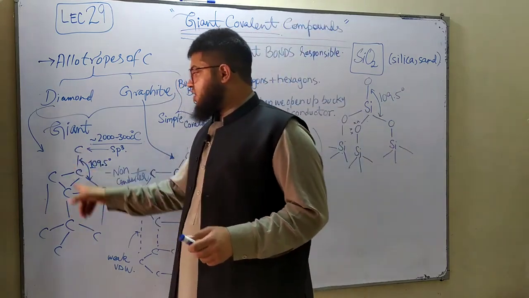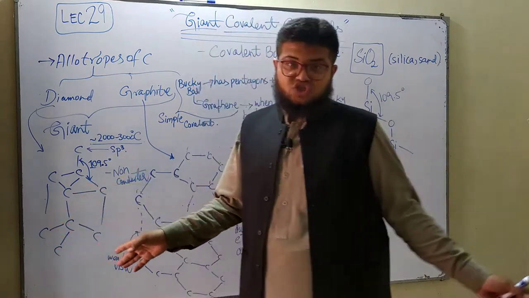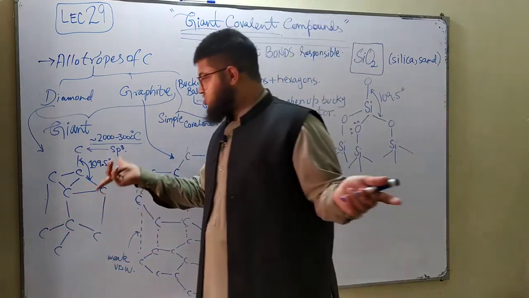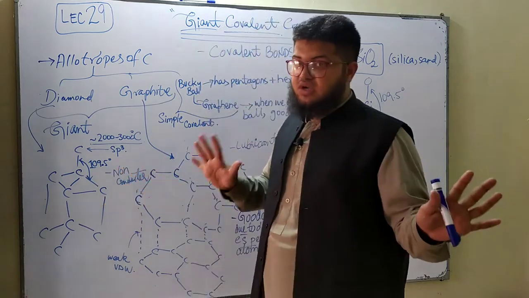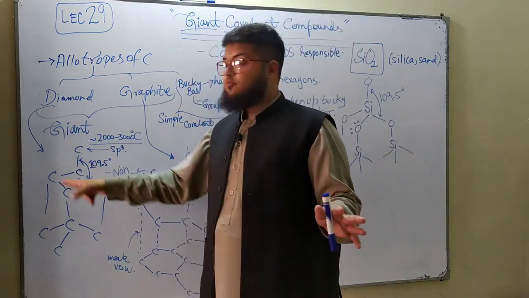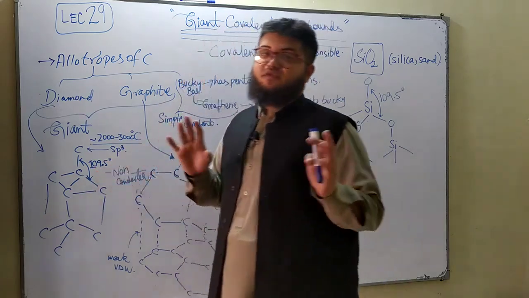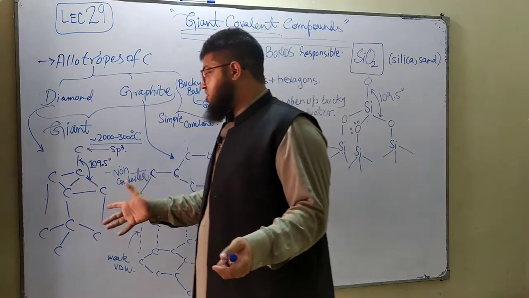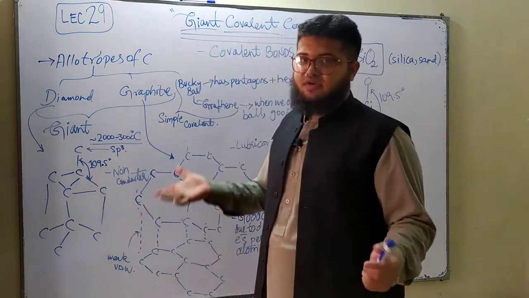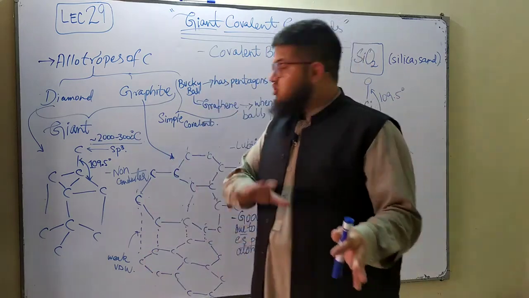Carbon over here in the diamond has a tetrahedral structure, as covered in the previous lecture. In one of those lectures on shapes of molecules, I told you what tetrahedral was, right? Having 4 regions of electron density, 4 covalent bonds are there, therefore it's tetrahedral, 4 single covalent bonds, and 109.5 degrees is the bond angle because it's tetrahedral. And all the carbon atoms are bonded, meaning all the 4 electrons are also bonded.